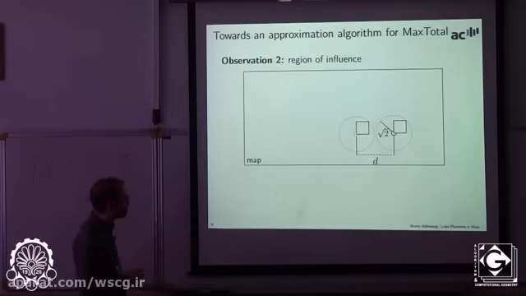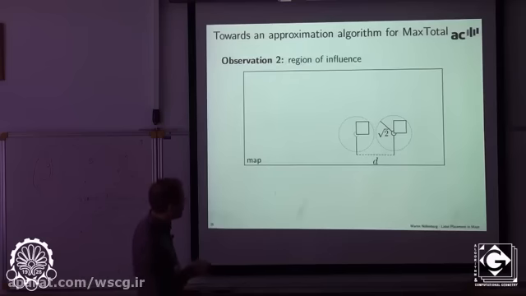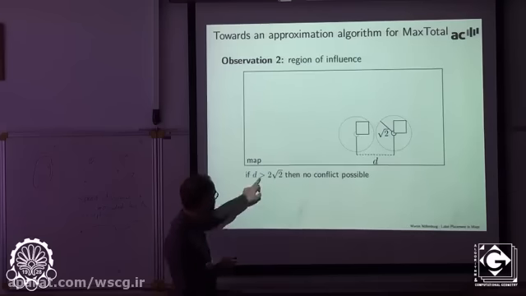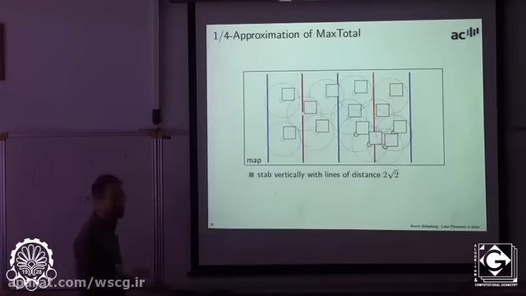If this distance d is more than 2 times the radius of that circle, then they are independent, and if it's smaller, they could be in conflict. If we think of these labels as unit squares with side length 1, then the radius will be square root 2. If d is more than that, no conflict is possible.